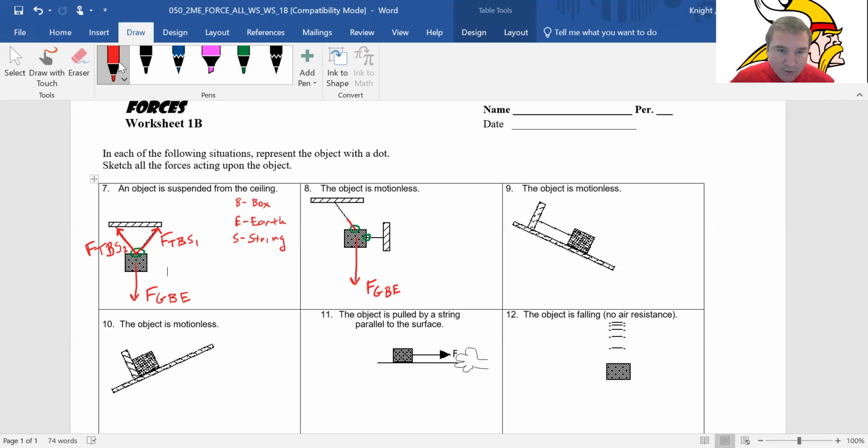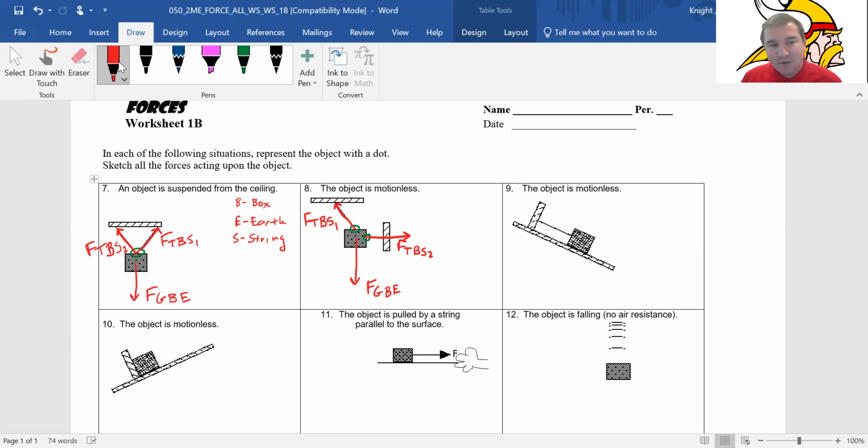So it will be tension forces again. So here I'll have a tension force on the box because of, we'll call that one string 1. And here I'll also have a tension force going this way, right, on the box because of string 2.